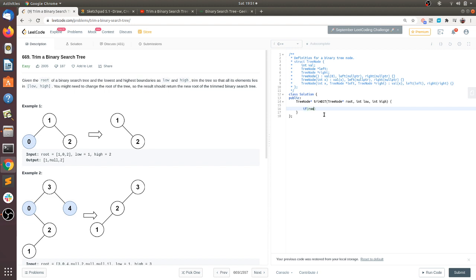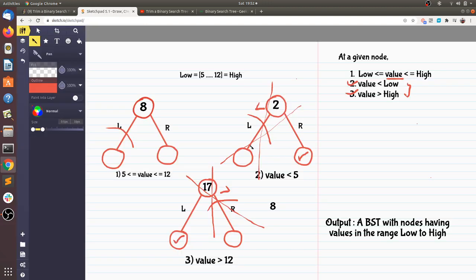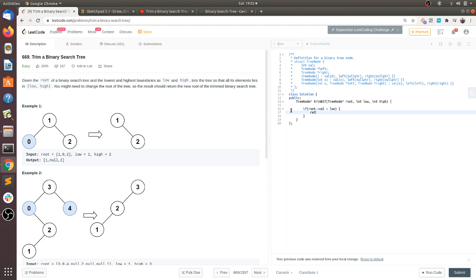So if my value is less than low, what I do is I consider my right subtree. I should ignore myself along with my left subtree. That means I should recurse for the right part, right? So my answer will be the same as whatever my answer would be of my right subtree, root of right, low, high, correct?